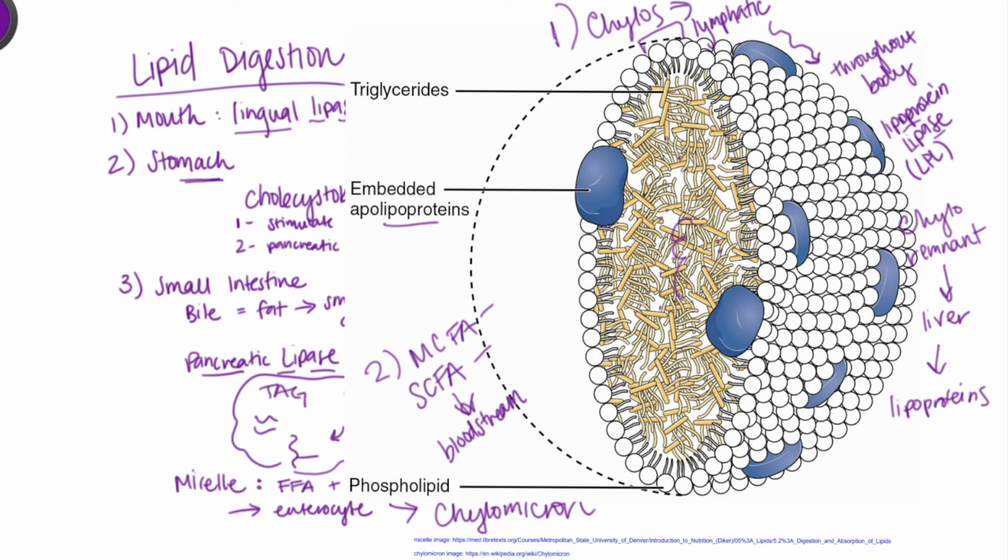These lipoproteins are things you might be familiar with, like low-density lipoprotein or high-density lipoprotein, which people also call LDL or HDL. Those are probably very familiar measures of blood lipids that you've seen.